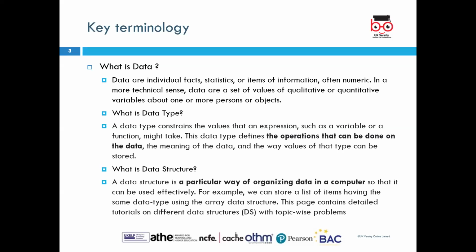Then we also have Boolean, which allows us to check if our statement is true or false. We have long, and we have also string, which allows us to look into characters. As we can see, data type defines the operations that can be done on the data. So the meaning of that and the way values of the type can be stored.